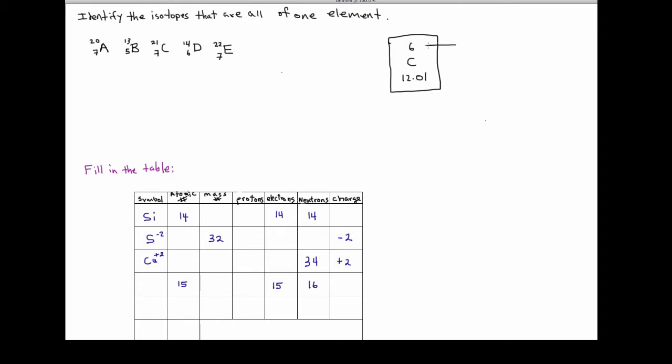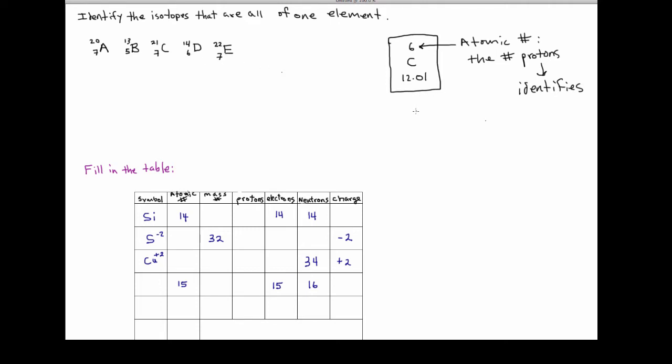The first, above the symbol usually, is the atomic number, and the atomic number is literally the number of protons. The significance of this is that the number of protons identifies the element. So this is key in solving the homework problem that's over here to the left.